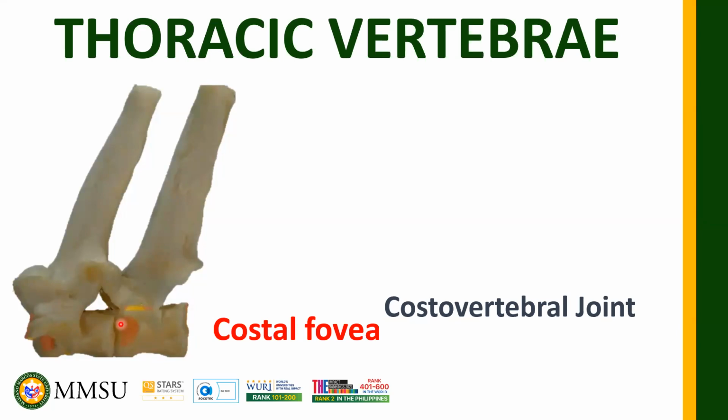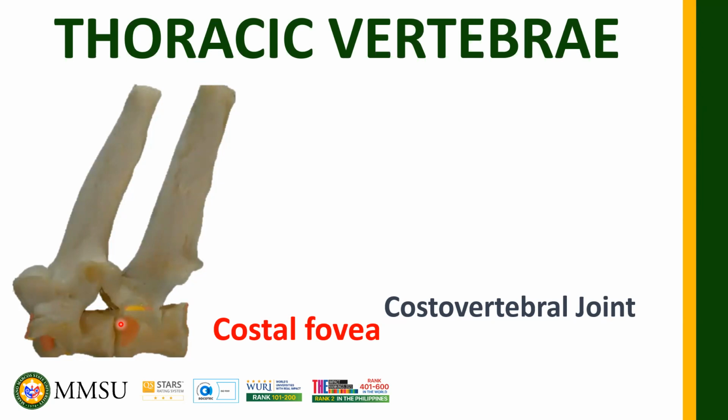So etong mga costovertebral joints, the articulation between the head of a rib and the costal fovea of the corresponding thoracic vertebra forms a synovial joint known as the costovertebral joint. So etong mga joints na to, they are being crucial doon sa biomechanics ng rib cage. So basta pag sinabi natin na biomechanics, it's usually under articulation, okay, yung mga rib movement.